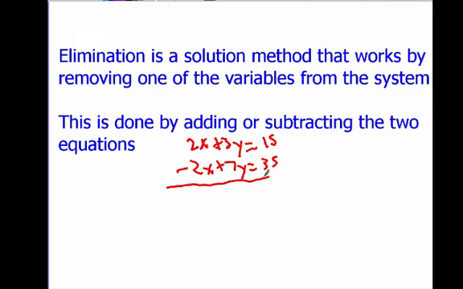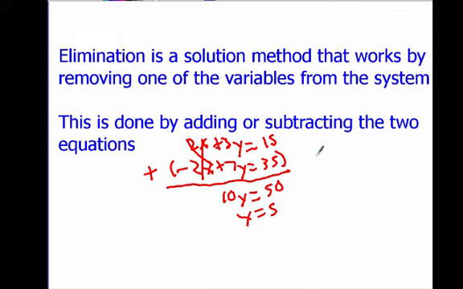If I want to eliminate x, which means get rid of x altogether, all I have to do is add these two equations. If I add them, 2x plus negative 2x, those cancel out. That's 0. 3y plus 7y, that's 10y. And 15 plus 35, that's 50. Which means y equals 5.